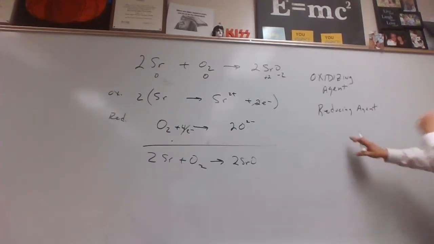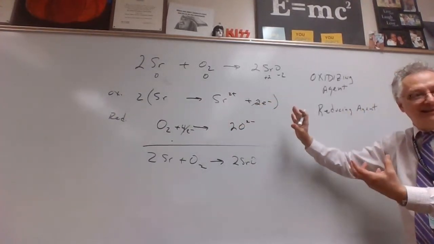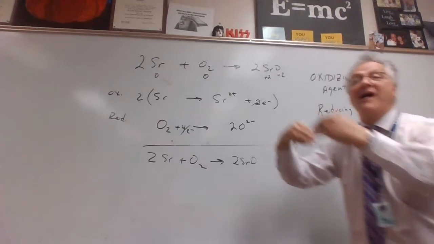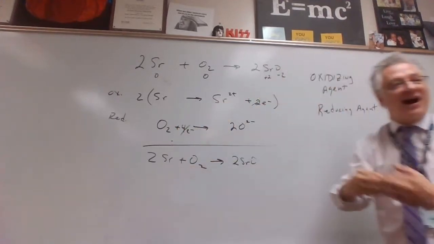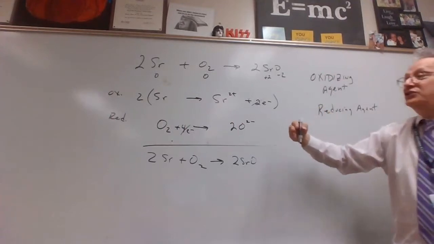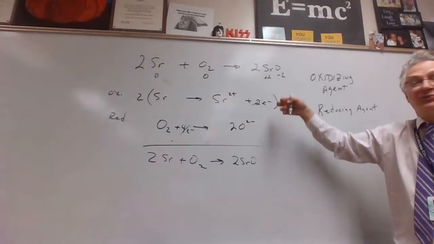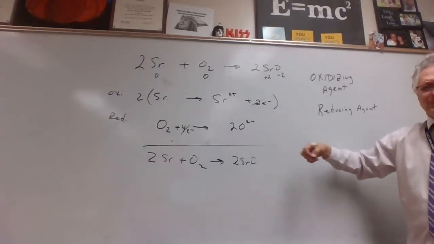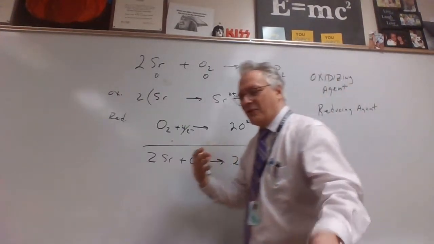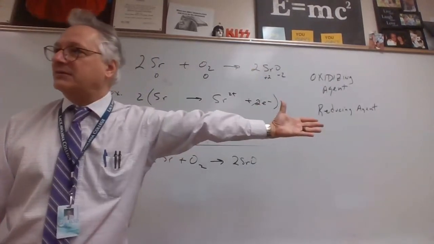Really. So, if something is oxidized, the thing that's causing the oxidation is the oxidizing agent. If something is reduced, the thing that is leading to that reduction is the reducing agent. So it's just the opposite. So strontium here, we can all agree, is being oxidized.